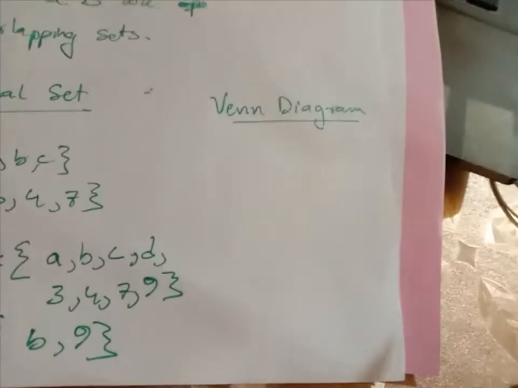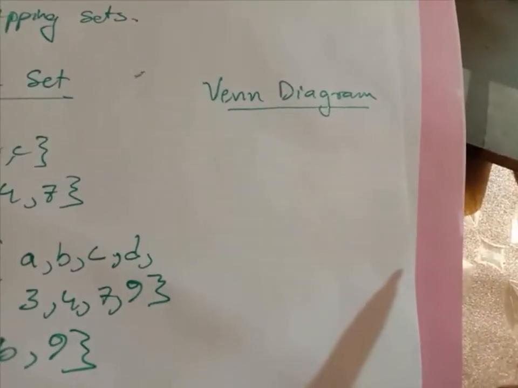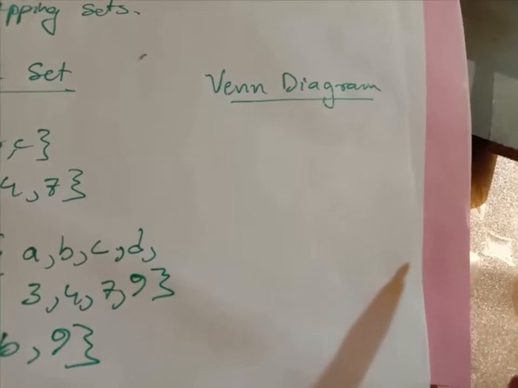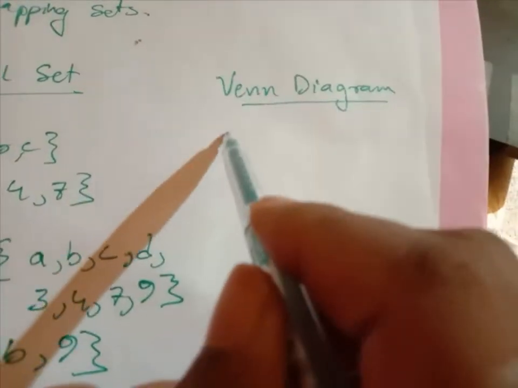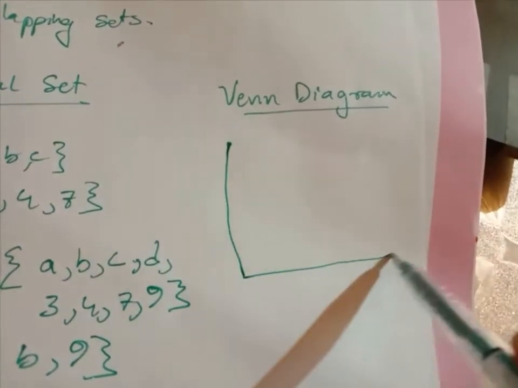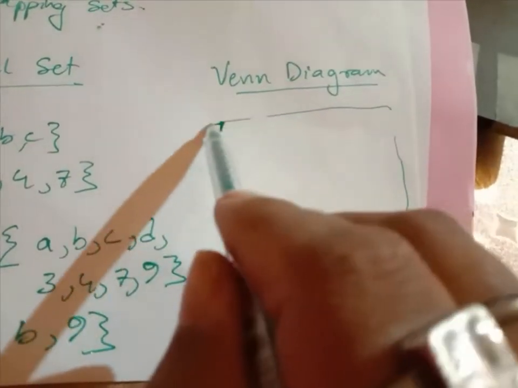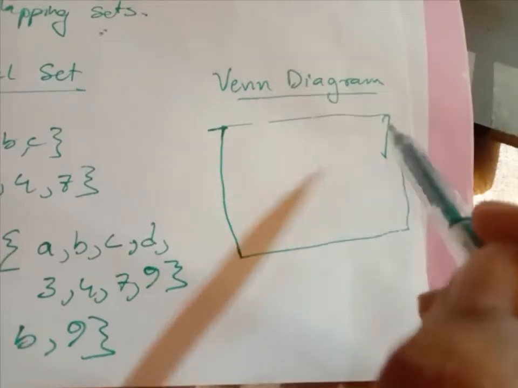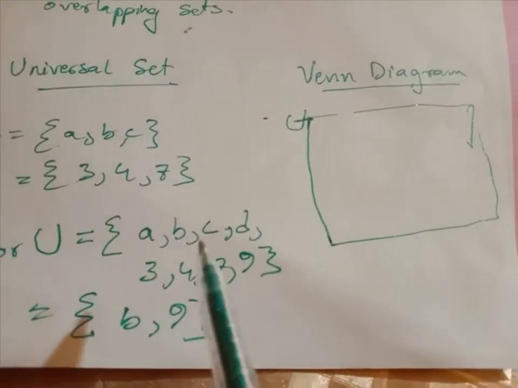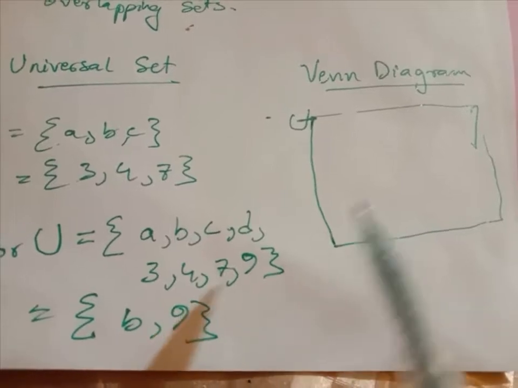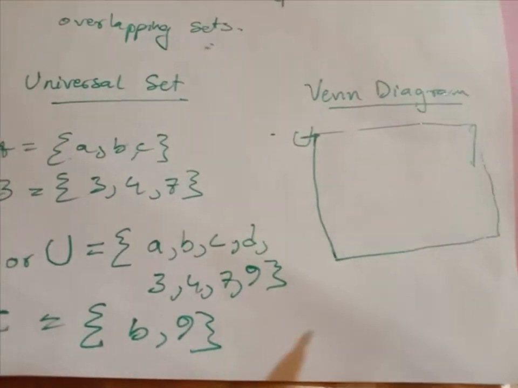Now, a Venn diagram is a diagrammatic representation of sets. Let us say this represents the set U. That means A, B, C, D, 3, 4, 7, 9 are all present within this box.